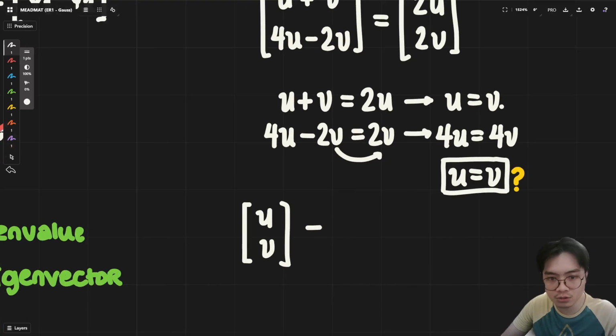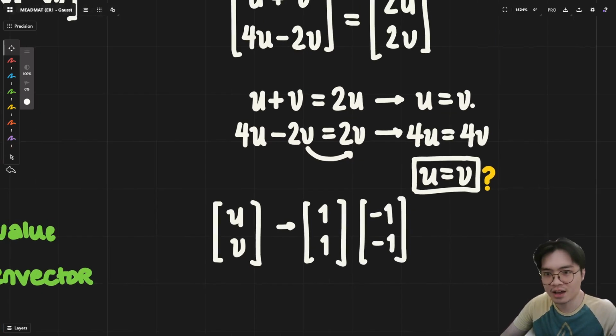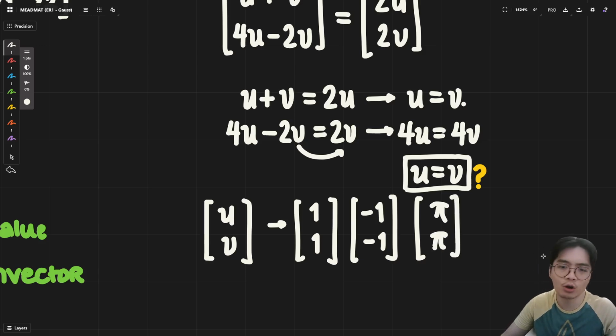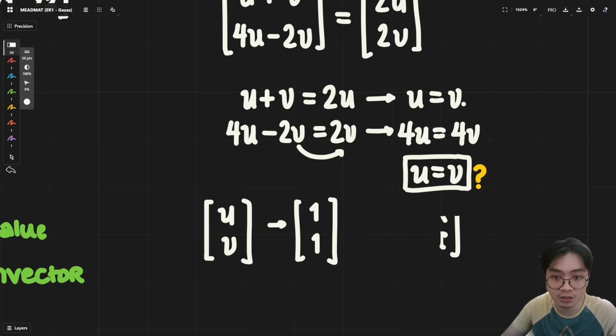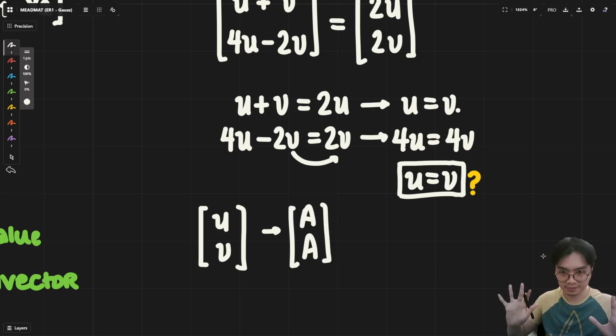So possible solutions for this could include 1, 1, negative 1, negative 1, I don't know, pi, pi, something like that. All of those are possible solutions. That is where the arbitrary constant actually comes from. So long as both of them are the same, you can leave it be.